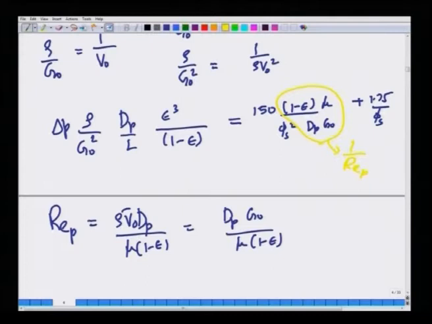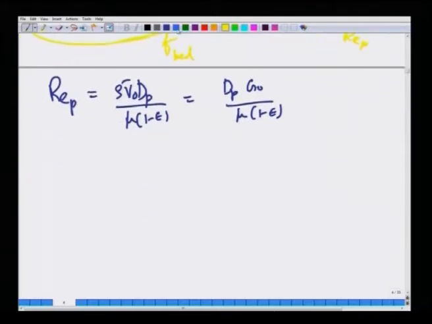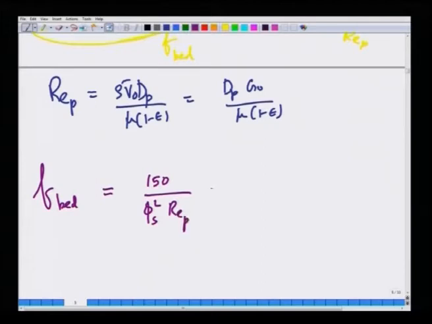So, you can rewrite this expression if you define the friction factor of the bed, the friction factor of the packed bed. Then F bed becomes simply, in terms of the Reynolds number which we just defined, 150 divided by phi s squared, Reynolds number based on the particle, plus 1.75 divided by phi s. This is the non-dimensional Ergun equation.